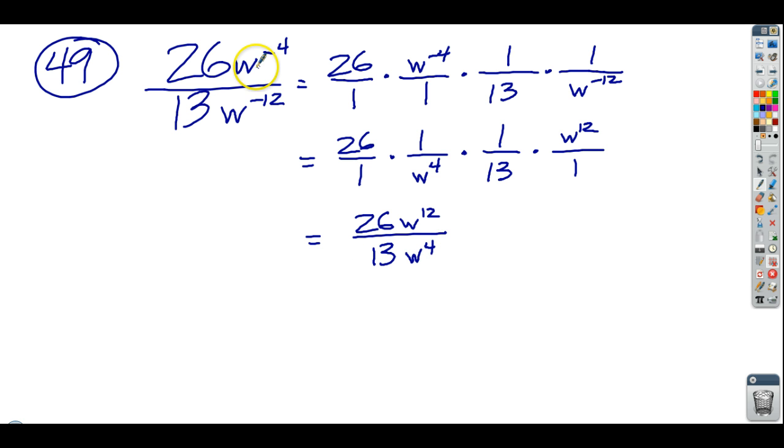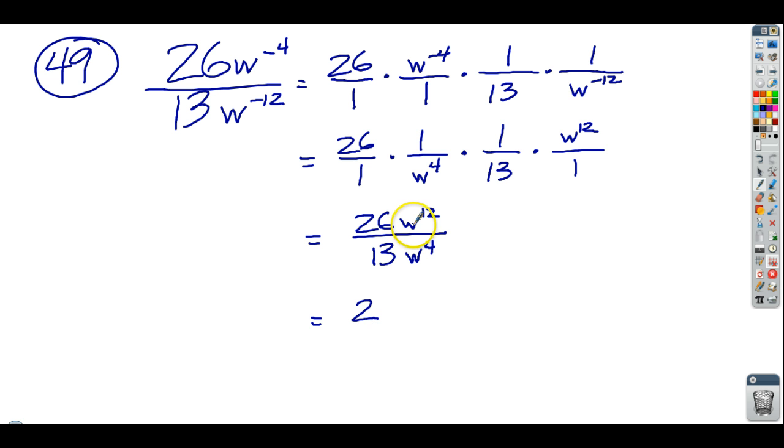If you notice, what happened is the w to the negative fourth switched places because it's negative, and this w to the negative 12th switched places too. This is saying divide, and the negative says do the opposite, so I multiply. This one says multiply, but it's negative, so that means I'm going to end up dividing. And then here, let's look at 26 and 13. This is 2 times 13, so I can divide this by 13, and I'm left with 2.